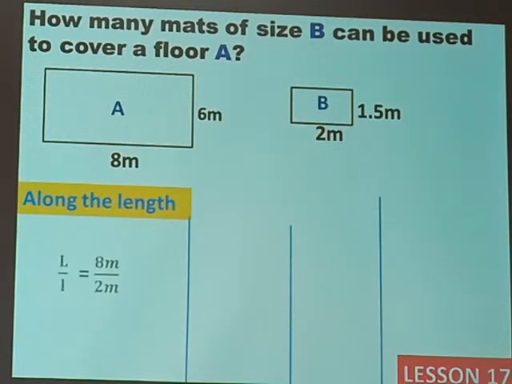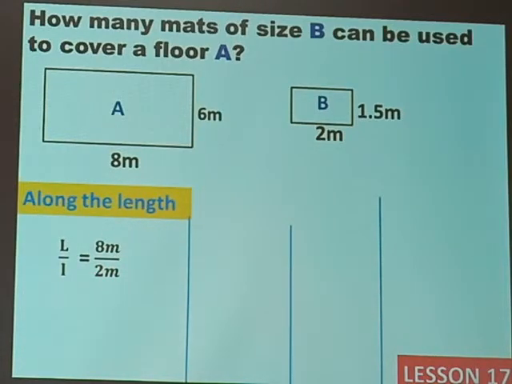The capital L stands for the length of the floor, then the small l stands for the length of the mat. When we substitute, the length of the floor is 8 meters, the length of the mat is 2 meters. So we have 8 divided by 2, with the meters.